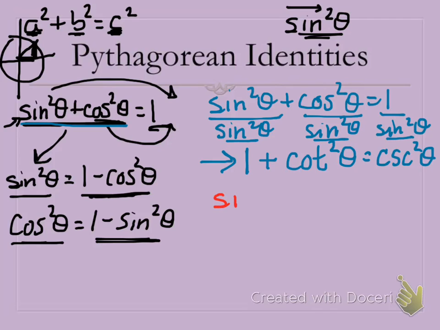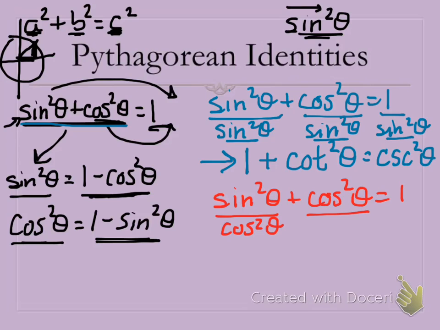So if I have sine squared plus cosine squared equal to 1, so again my original Pythagorean, but this time I divide everything by cosine squared. Okay, so this time sine squared over cosine squared will leave me with tangent squared.